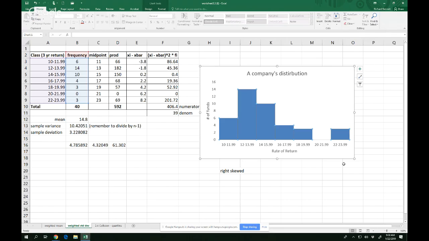But it has to be greater than or equal to 75%. Within how many standard deviations? Two, that would be 2 standard deviations. 1 minus 1 over 2 squared is 3/4, which is 75%.